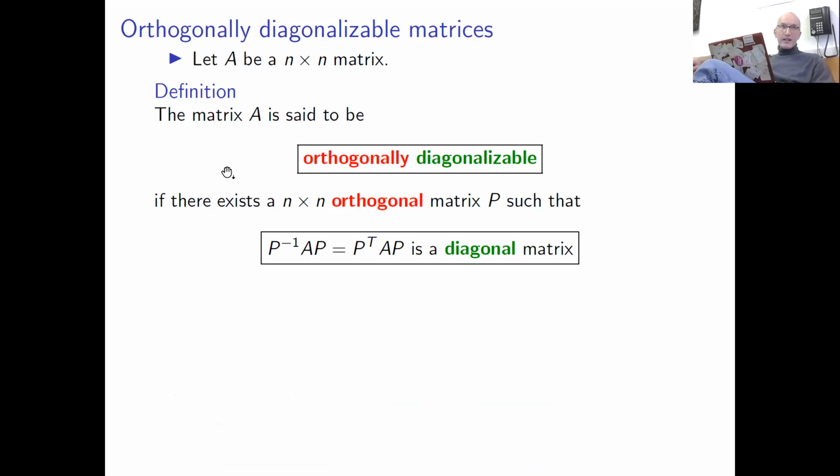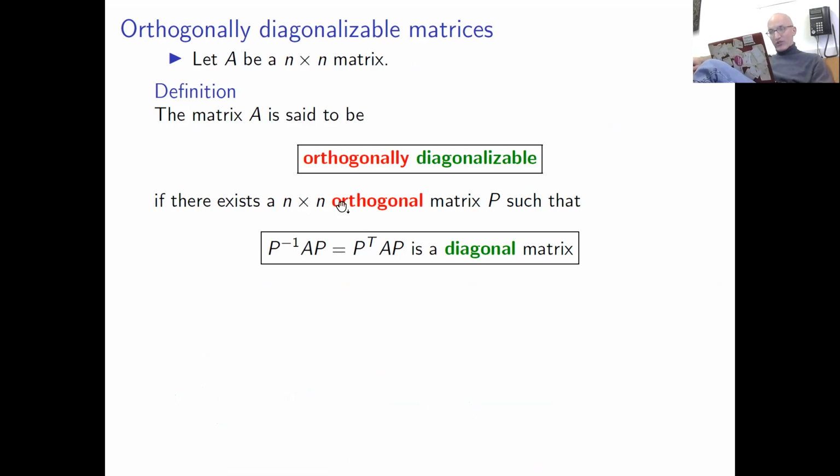If we have a square n times n matrix A, we say that the matrix is orthogonally diagonalizable if it's diagonalizable with an additional condition, namely, if there exists an n times n orthogonal matrix P such that P inverse times A times P is a diagonal matrix.